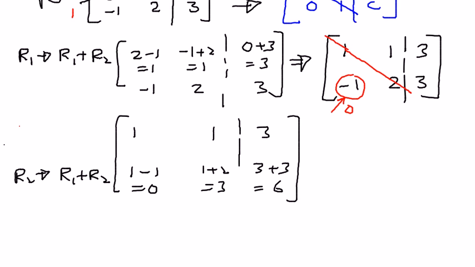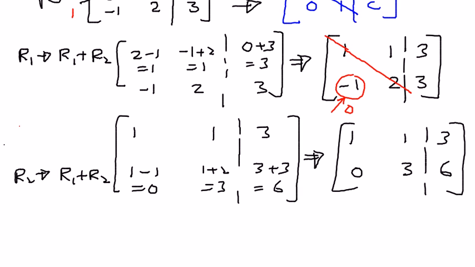Since we did all the math, we'll write it out cleanly: 1, 1, 3, and then 0, 3 and 6. When we draw the line along the major diagonal, we see that we have zeros below the major diagonal.